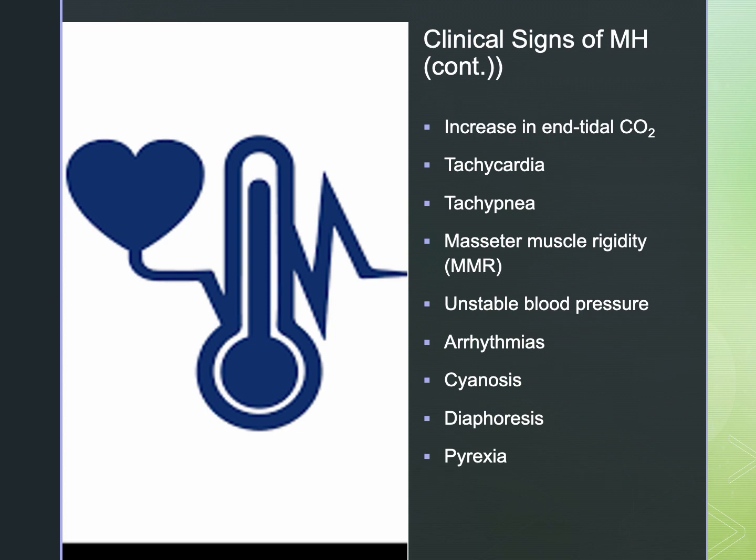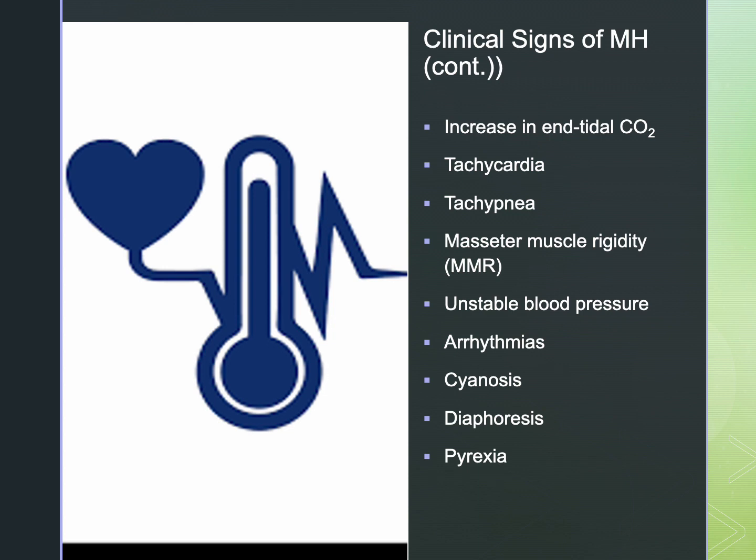So while the name malignant hyperthermia suggests that a rise in temperature might be the first sign, the earliest sign of MH is actually an increase in end-tidal CO2. Remember, that's the amount of carbon dioxide that the patient is breathing out.